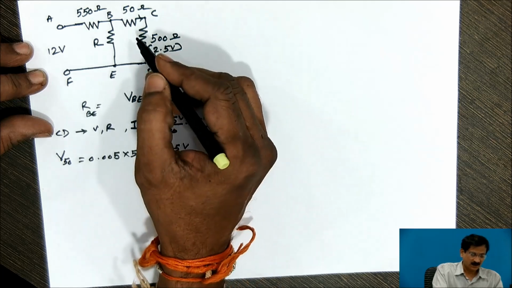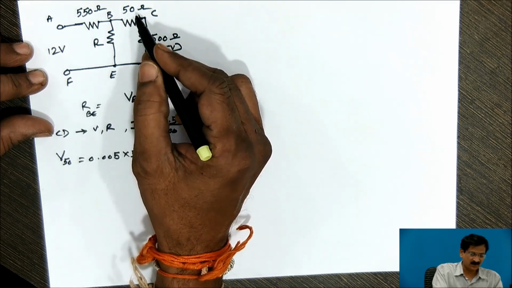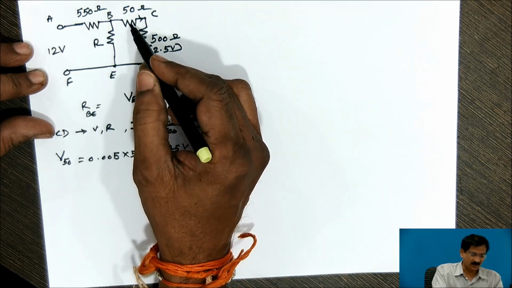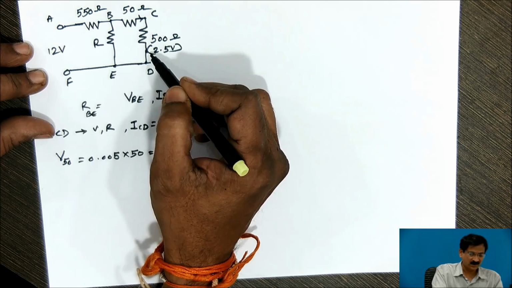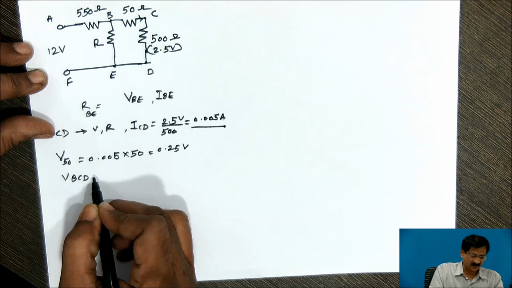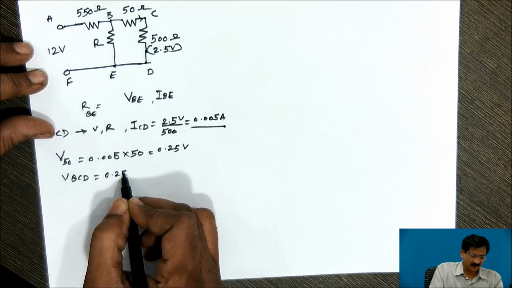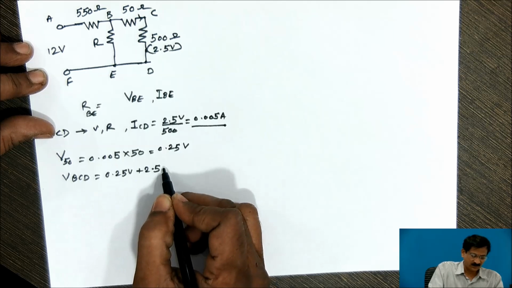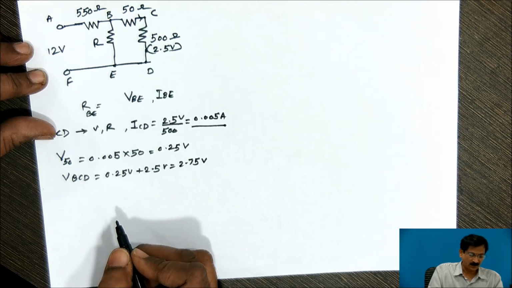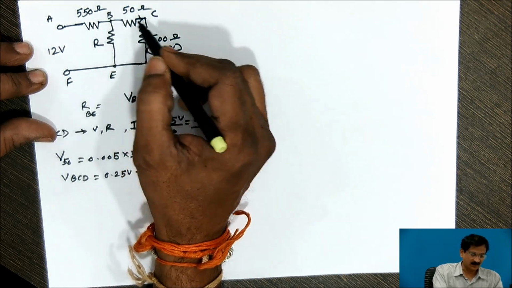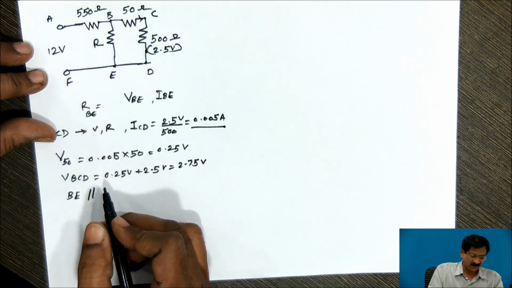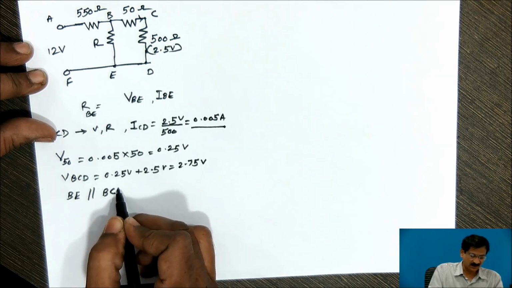Now, as I told you, these two resistances, 50 ohm and 500 ohm, are in series. So the drop across 50 ohm and the drop across 500 ohm resistance will get added. So I can say VBCD will be equal to 0.25 volts plus 2.5 volts, and total it will be 2.75 volts. Now, if you look at this network BCDE, branch BE is in parallel with the branch BCD.